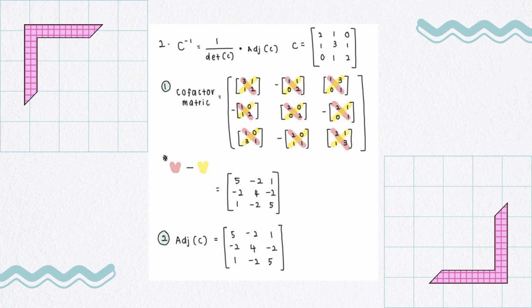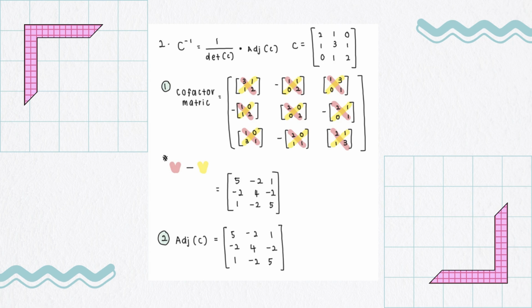So what is a minor determinant? For each element of C, we highlight the row and column of that element, which we remove, and multiply the remaining elements to get the element for the cofactor matrix. You can see 3 times 2 minus 1 times 1, so the first element of the cofactor matrix is equal to 5.